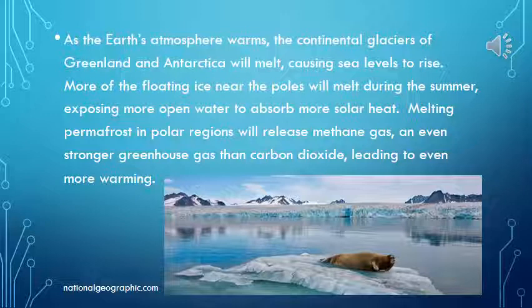More of the floating ice near the poles will melt during the summer, exposing more open water to absorb more solar heat. Melting permafrost in polar regions will release methane gas, an even stronger greenhouse gas than carbon dioxide, leading to even more warming.